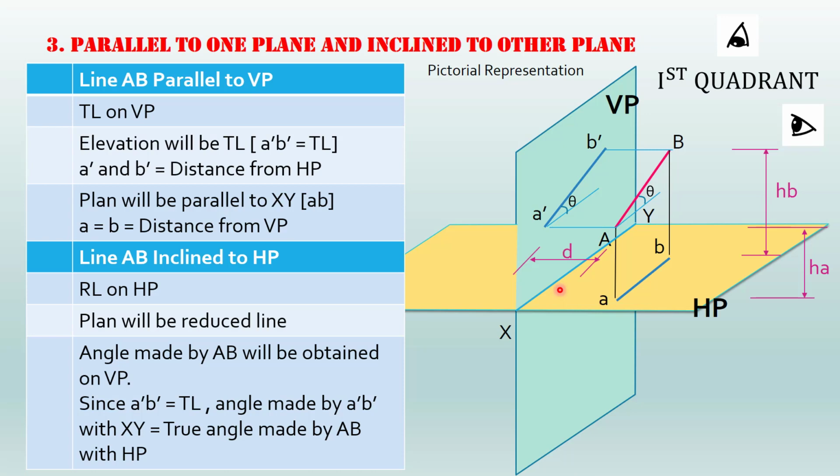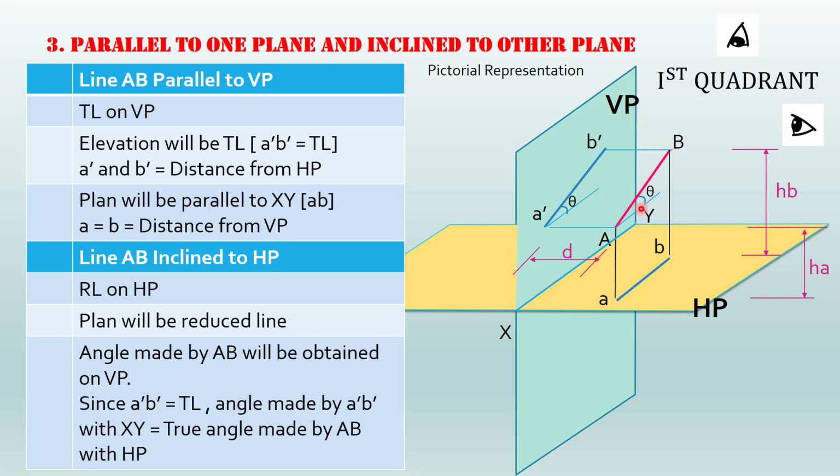Okay. Now, if the line is inclined to VP, then that angle will be obtained on the plan, right? So the angle made by the plan AB will be equal to the angle made by the original line with the vertical plane. Now, if the plan length is equal to the length of the original line, then this inclination, which is obtained on the horizontal plane, will be true inclination or true angle. Clear?